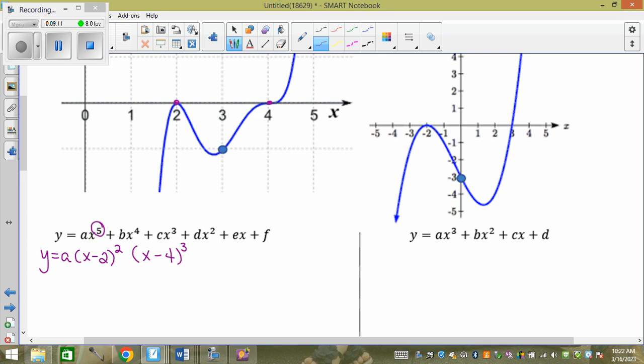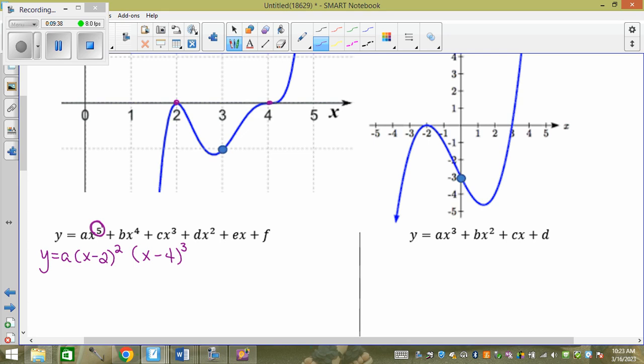They can be odds, and tangents can be evens, 2, 4, 6, 8. However, this is an x5. So 2 and 3 makes 5, correct? So I can't make this be a 4. So if they tell you it's an x5, you're stuck at a 2 and a 3. They don't have to tell you lowest or anything like that, right? Because that gets you 5. You can't go any higher than that. If I made this be a 4, minimum this one can be as a 3. That's 7. We're too big. Okay?